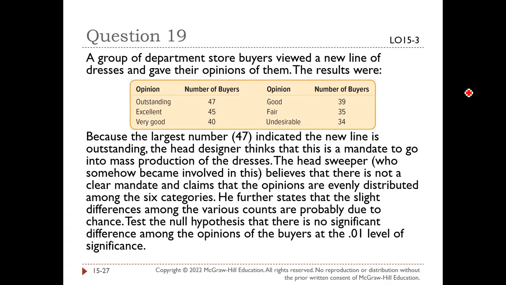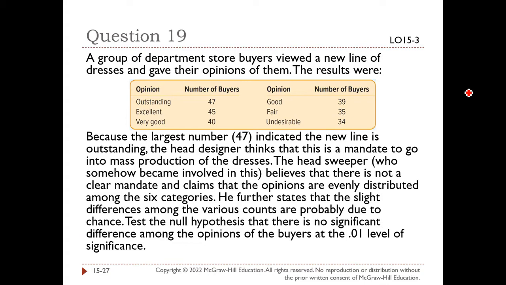Question 19. A group of department store buyers viewed a new line of dresses and gave their opinion of them. The results were outstanding, excellent, very good, good, fair, undesirable, with the number of buyers for each. Because the largest number, 47, indicates the new line is outstanding, the head designer thinks this is a mandate to go into mass production of the dresses.